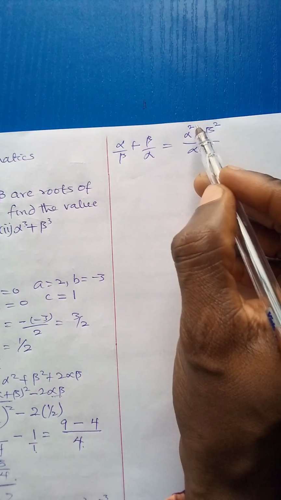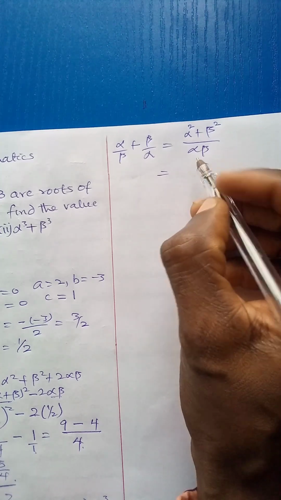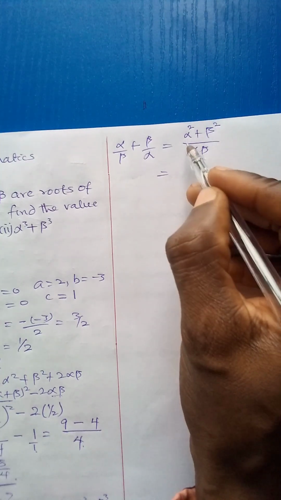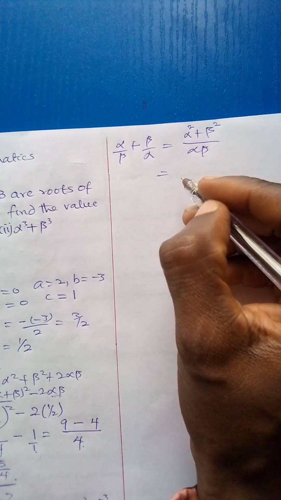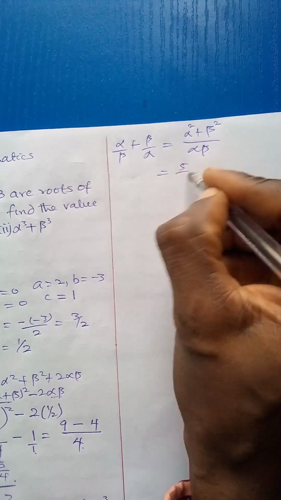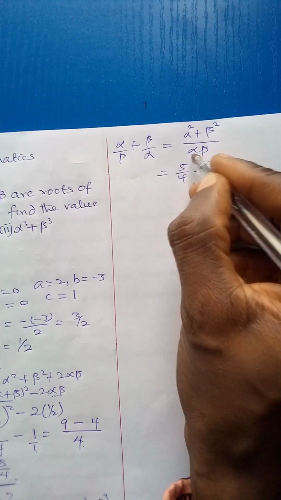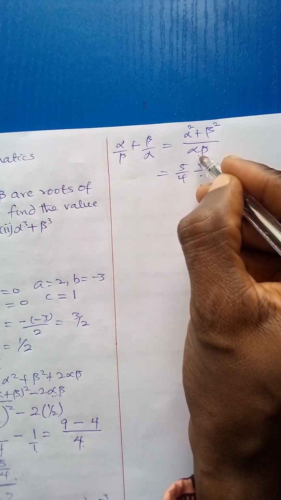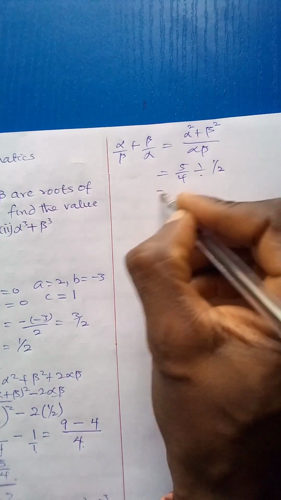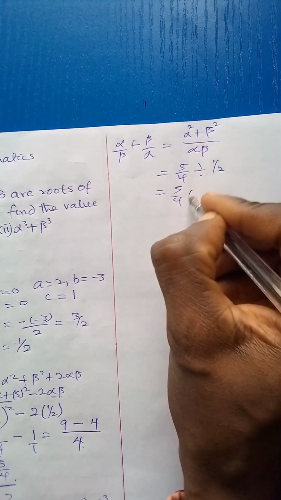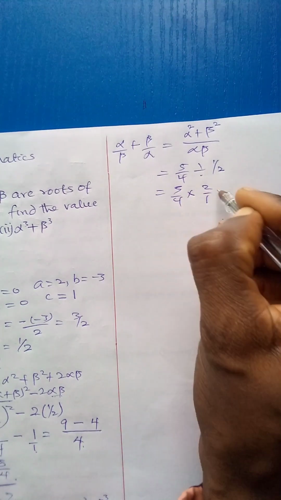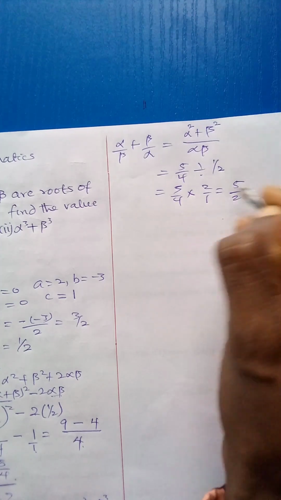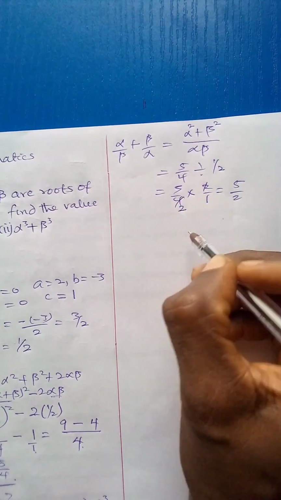So we have an expression for this. Now this expression, alpha squared plus beta squared, we got it to be 5 over 4, then divided by the product of the roots, which is 1 over 2. Simplifying, 5 over 4 times 2 over 1 will give us 5 over 2, because this and this will cancel out to give us 2 here.